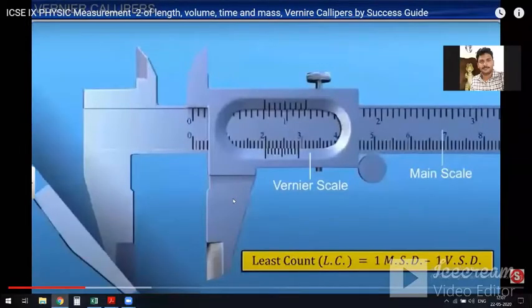Okay, now I want your attention here. Last time what we have studied, I explained that MSD stands for main scale division. One small division on the main scale, this distance is around how much? We can say it is 1 mm.